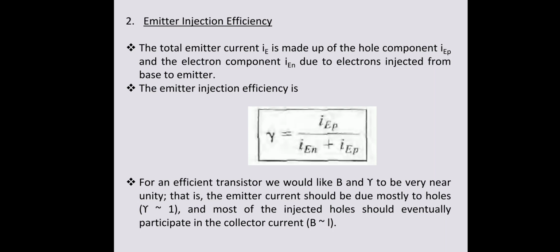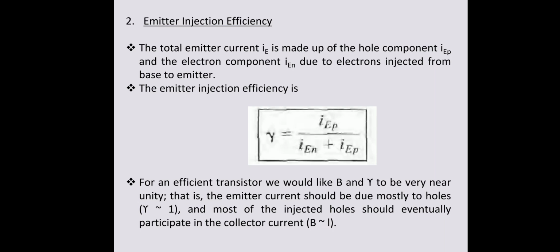So that current contribution is called the electron component, and that is represented as IEN. So at the emitter side we have two components of current, that is IEP and IEN. For a good transistor, our aim is that the emitter current is entirely due to the hole current, and the base current should be negligible. So the current due to the electron component should be negligible.